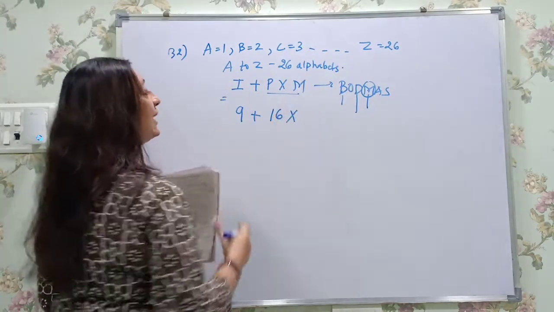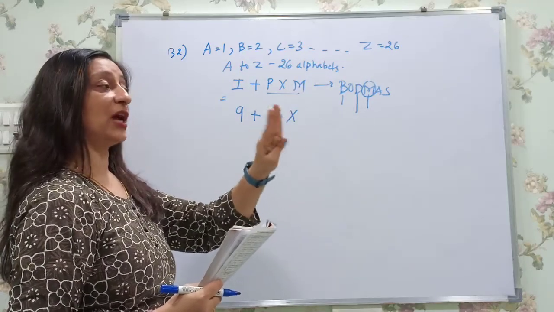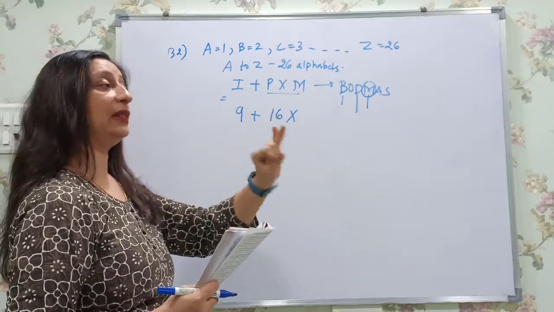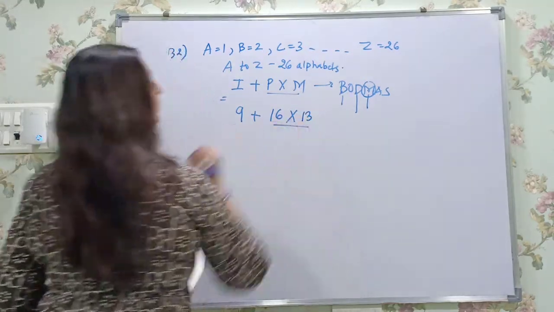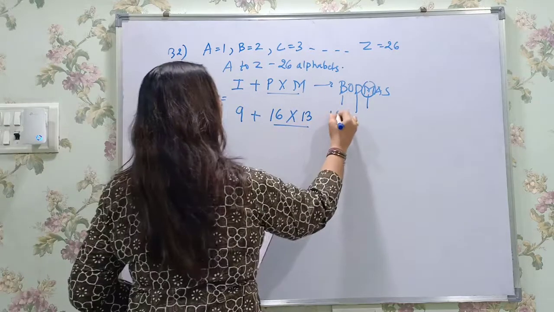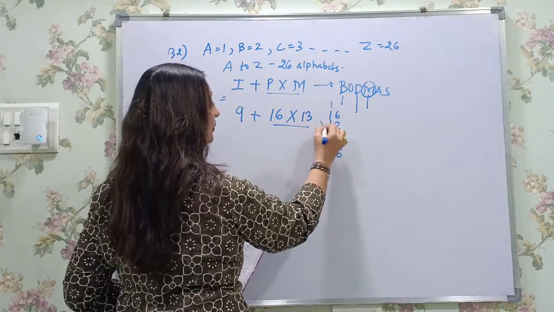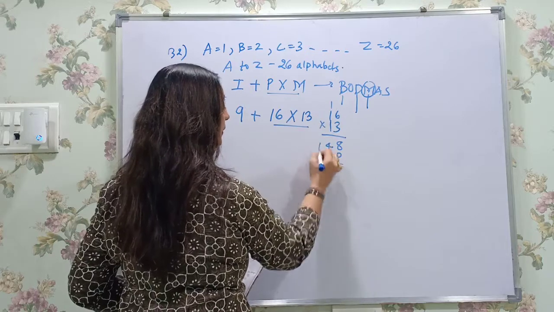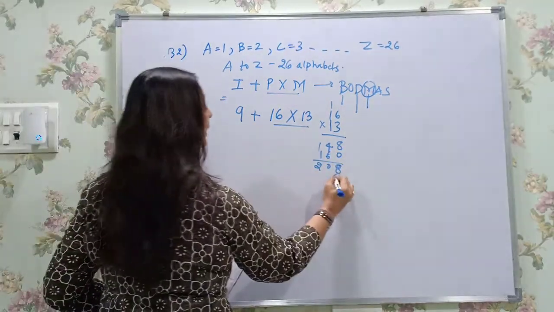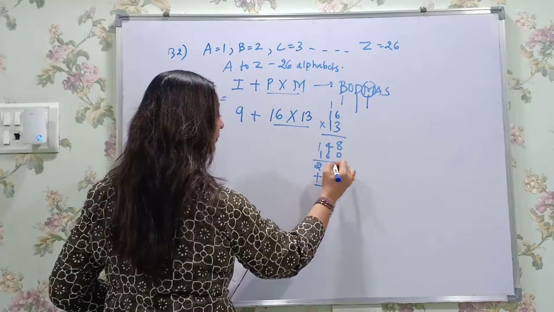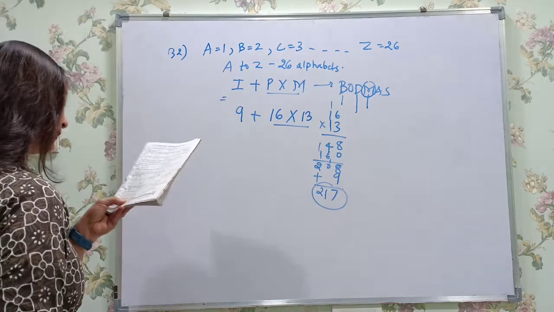Okay. Now what is M? A, B, C, D, E, F, G, H, I, J, K, L, M. That is 13, isn't it? Okay. So we first do 16 into 13. So that is 208. 208 plus 9. So answer is 217. Okay.